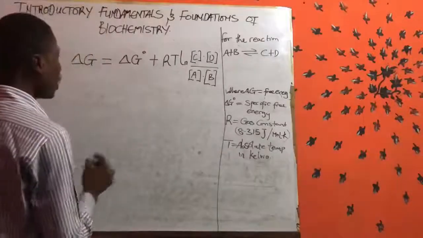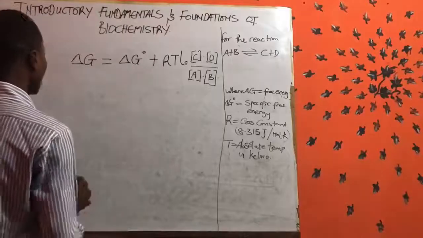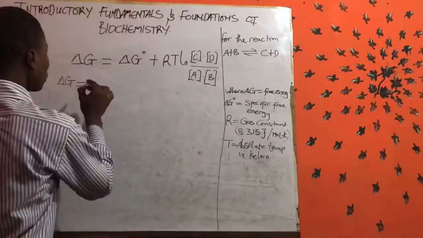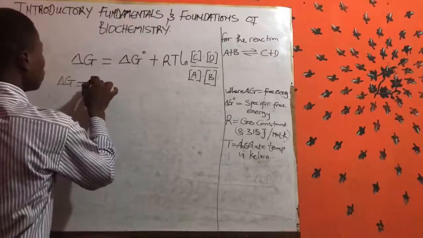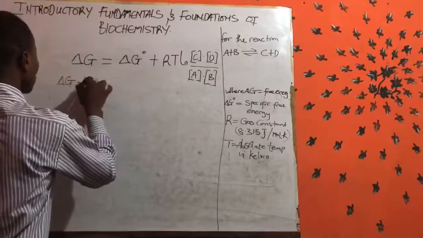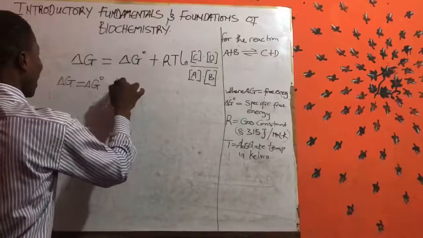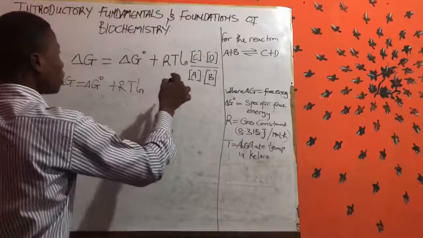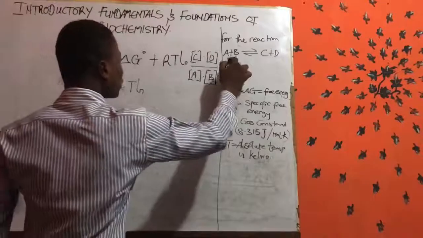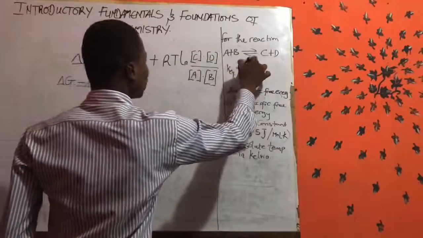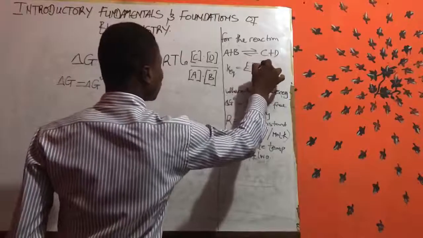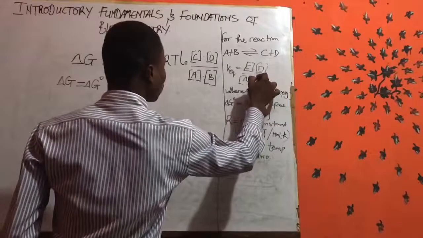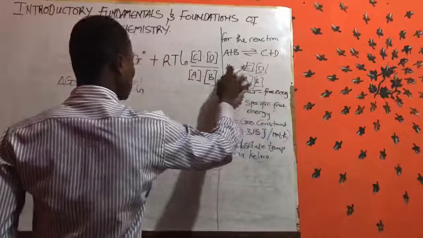Okay, now having known that, I have it here that my delta G equals delta G naught plus RT ln. Now you recall this that we got earlier on.